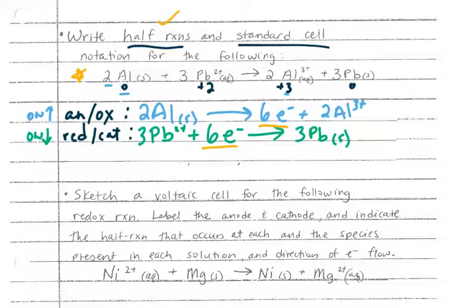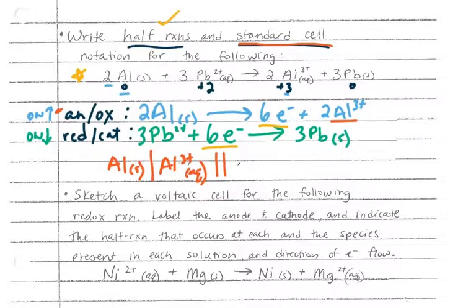Now we need to write out the standard cell notation. So first we're going to do the anode side. The anode is aluminum, the solid aluminum, that's the electrode. And then the aqueous components are the aluminum ions. Notice I don't need to include coefficients here. We're just writing out the species, no stoichiometry.